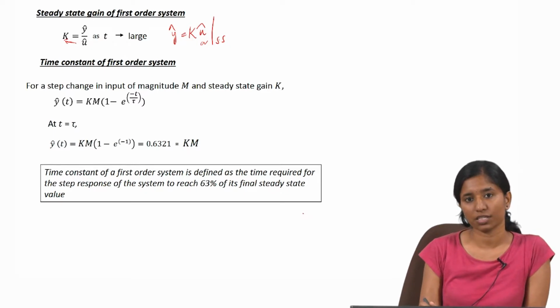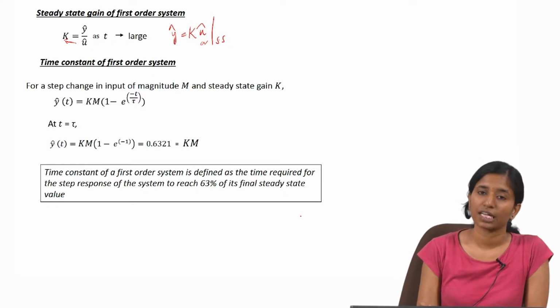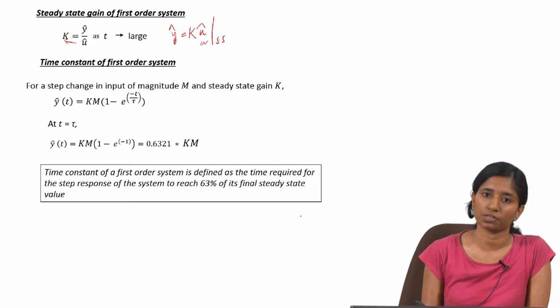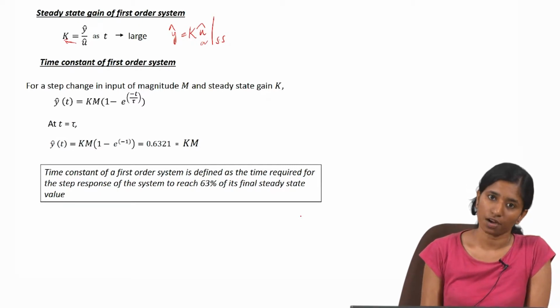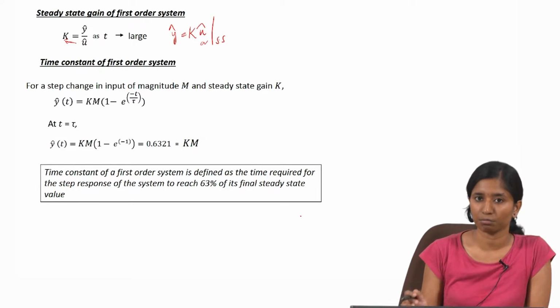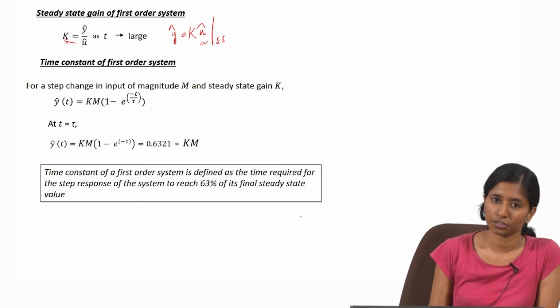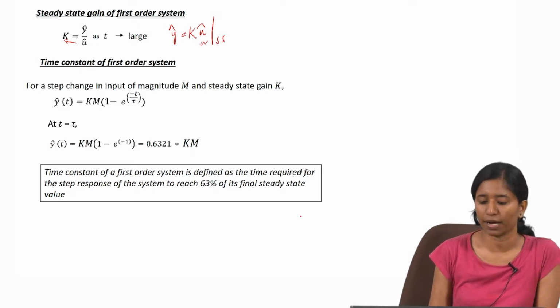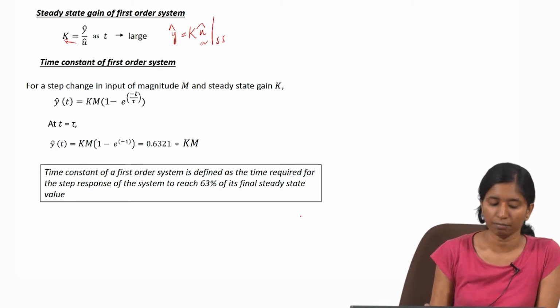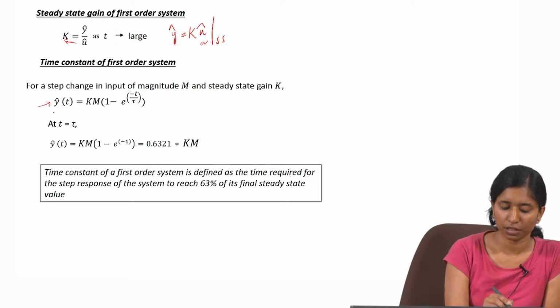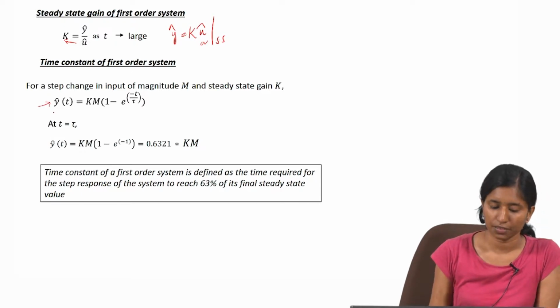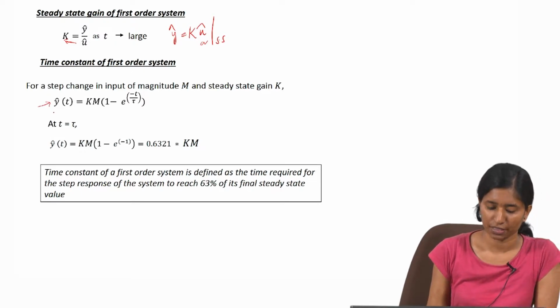The time constant of a first order system defines the speed of response of a system, that is, how fast or how slow the system responds to a change in input or a step input. For a first order system, the solution of the differential equation for a step input of magnitude m and steady state gain k is y hat of t equal to k times m times 1 minus e raised to minus t by tau.